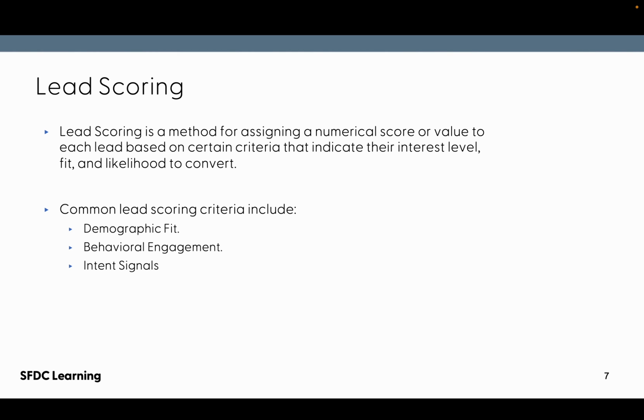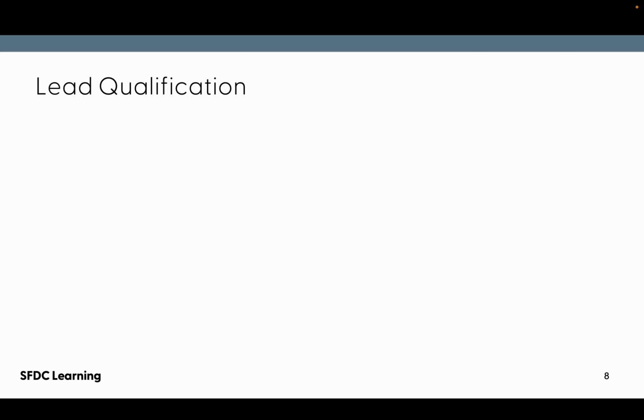Then intent signals, whether their intent is highly fit for us, whether they are actually looking for those products or not. So those are the kinds of signals we get when we communicate with any particular person or company, right? So that's again a criterion for lead scoring. Time factor is another criterion.